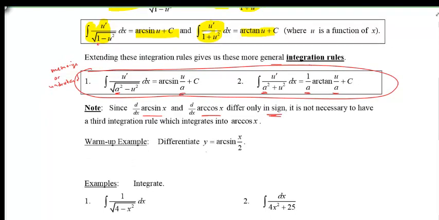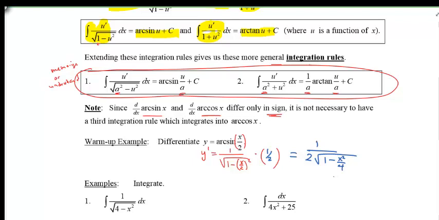So, here's our quick warm-up exercise. I hope you remember from last day that the derivative of arcsine of x over 2 is 1 over, you guessed it, the square root of 1 minus x over 2 all squared. But remember, this is a function, so we have a hook-on factor of an extra 1/2. So we can rewrite this as 1/2 times 1 over the square root of 1 minus x squared over 4.